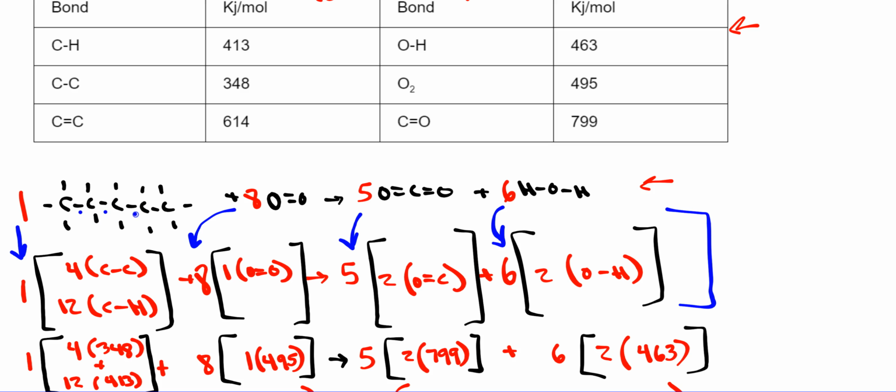1, 2, 3, 4 carbon to carbon bonds, and that will end up being 348 down here. The 12 came from all the rest of the hydrogens attached, and then I put C to H, and that's the 413 that you can see down here.